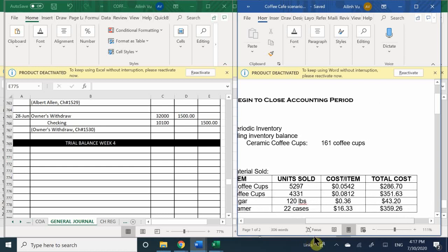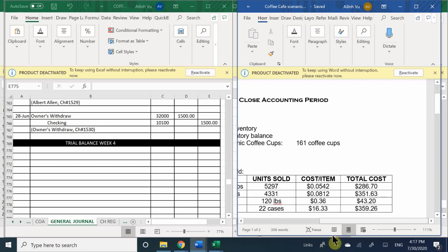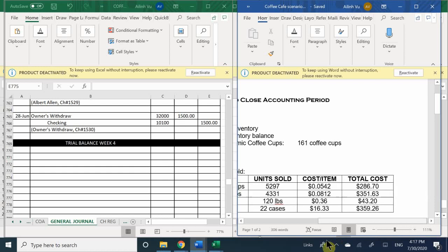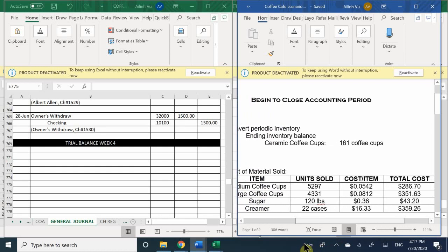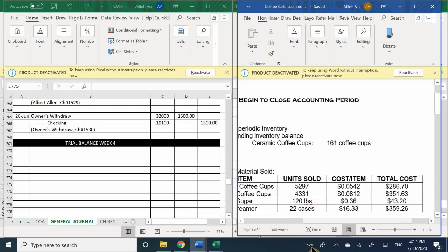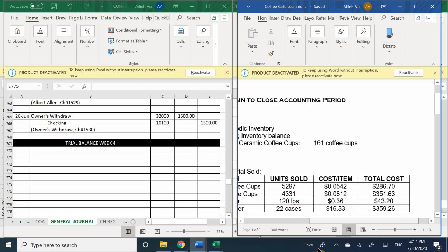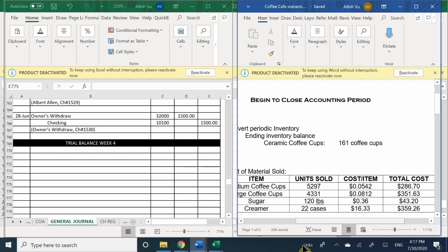Our ending inventory balance is going to be 161 coffee mugs. So we need to determine the ending balance and the value of our coffee mugs. So we have a total of 161 coffee mugs left in inventory.